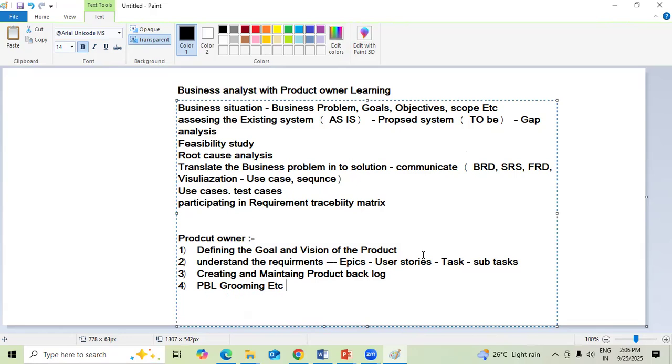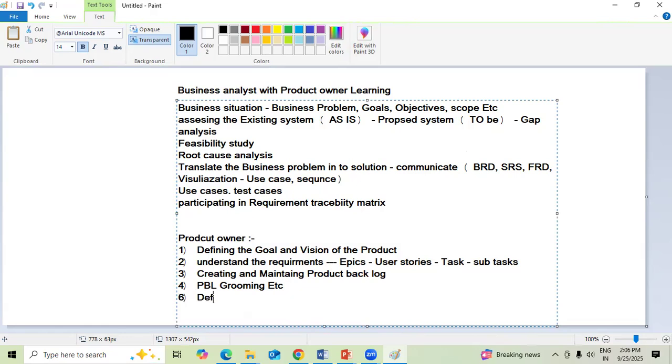Your idea should be to know what goal, what vision we want to achieve, and how this can be translated into epics and user stories. That kind of understanding is needed. If you are a BA, you will be confined to the above one. If you are translating into product owner, this is the case. So you need to maintain the product backlog, and product backlog grooming, everything we need to do.